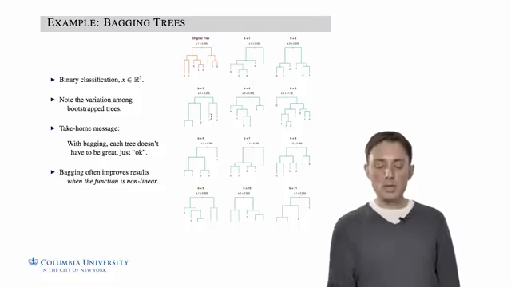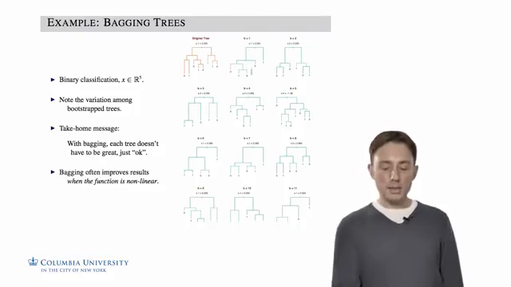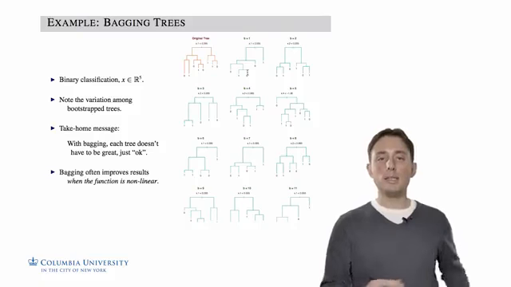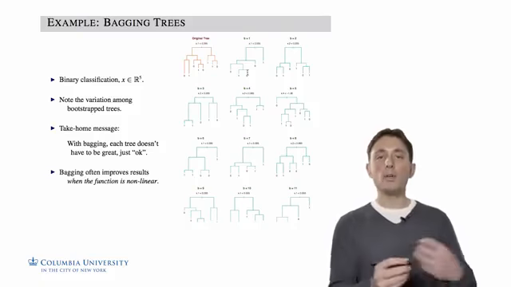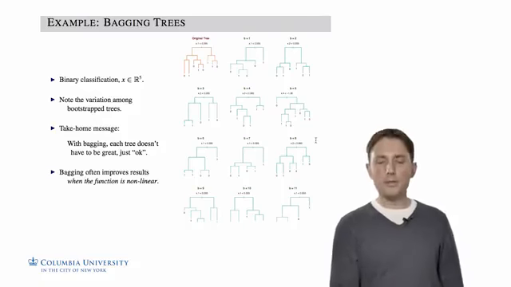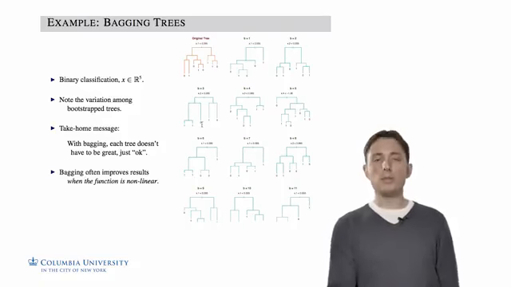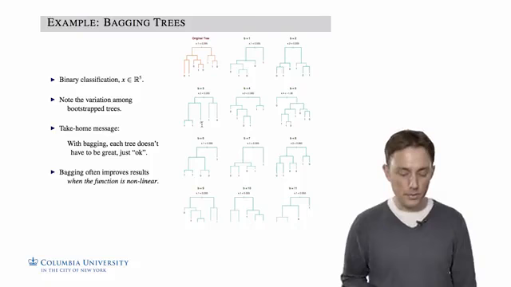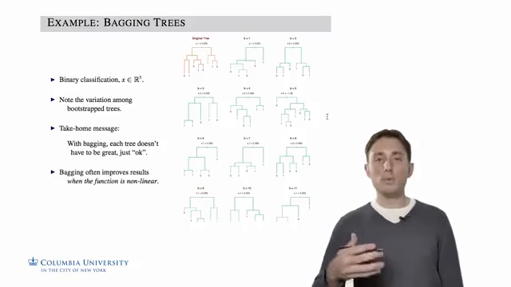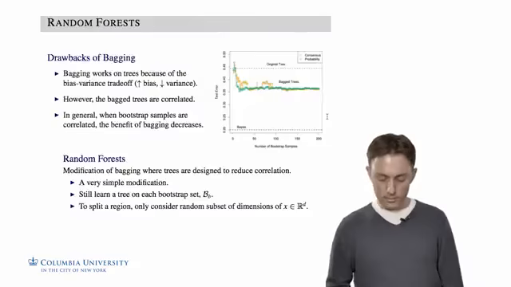And so the reason that each tree is different is because they're learned on different data sets. Each individual data set contains our original data in it, but some are duplicated and some don't appear at all. So these are 11 different views of our data set, which would give us 11 different trees. Each one of these trees doesn't have to be great, but their combination is going to improve the overall prediction.